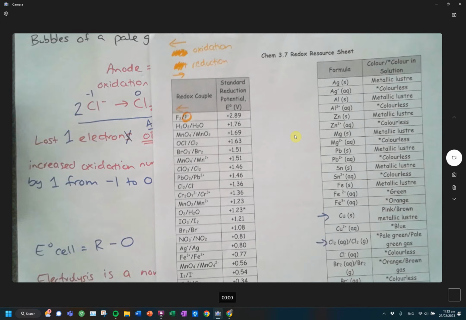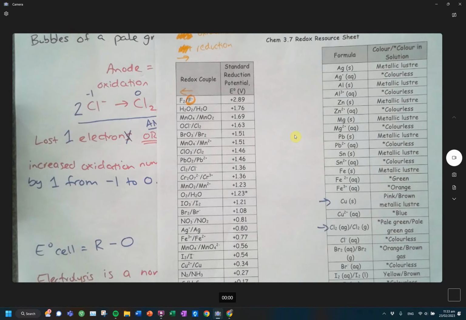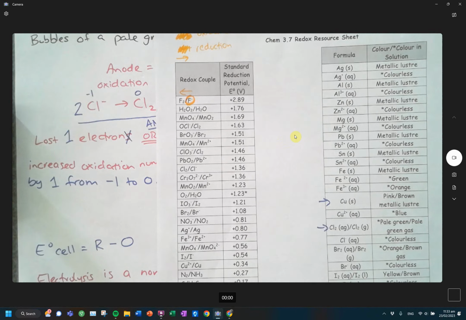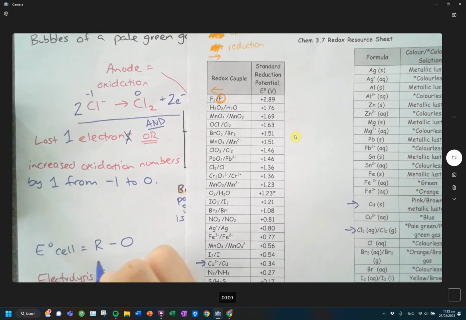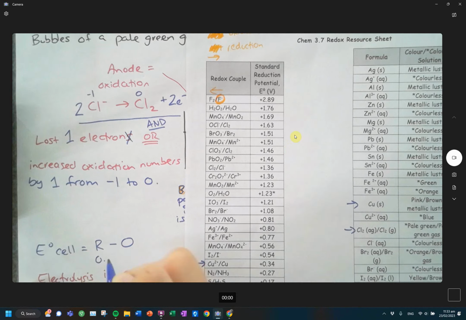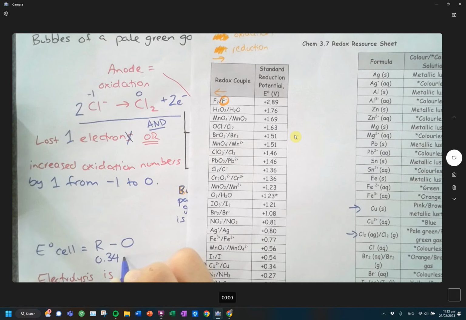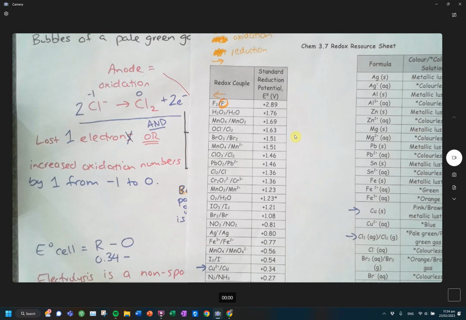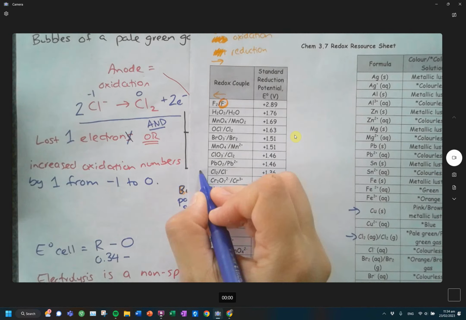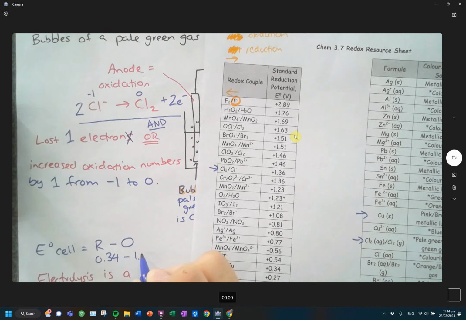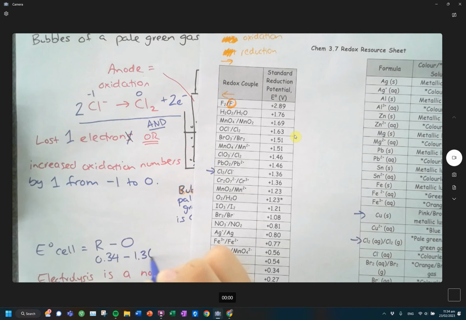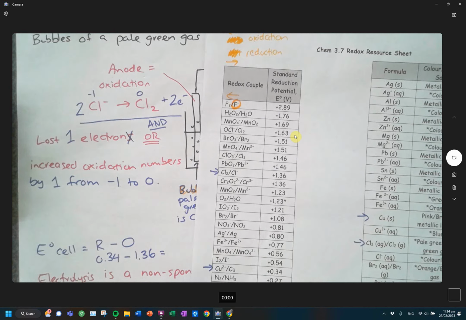So when I look at my list over here, I am first going to be looking for my reduction, which is my copper, which is right here, which is 0.34, and then I'm subtracting away the standard reduction potential for my oxidation reaction, which is this one right here. So that's minus 1.36.